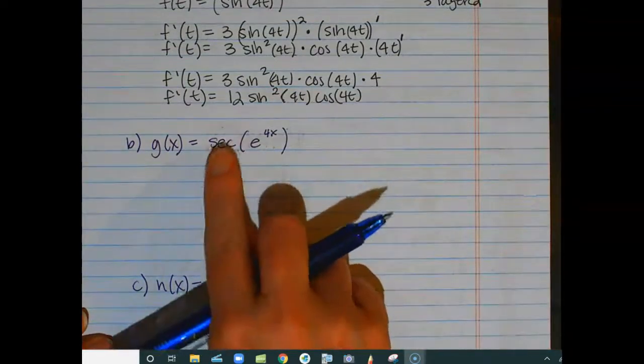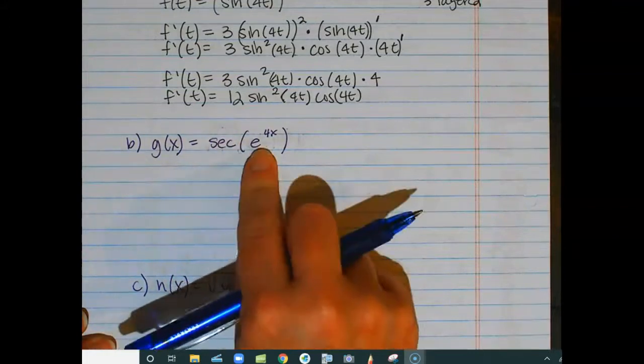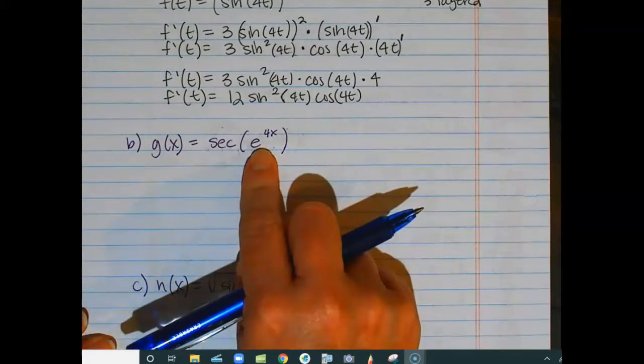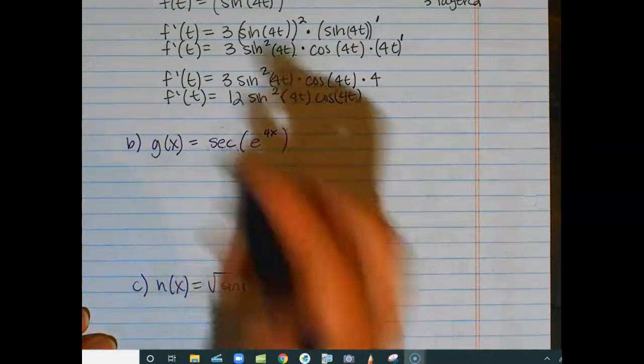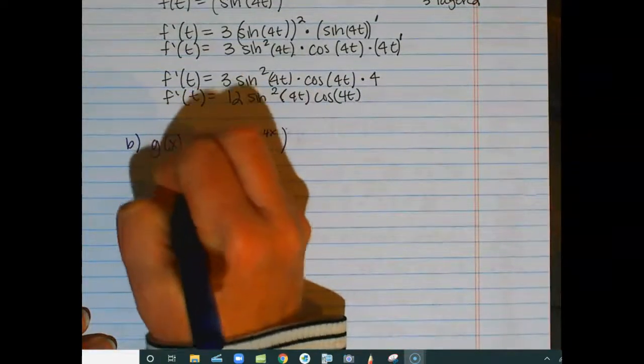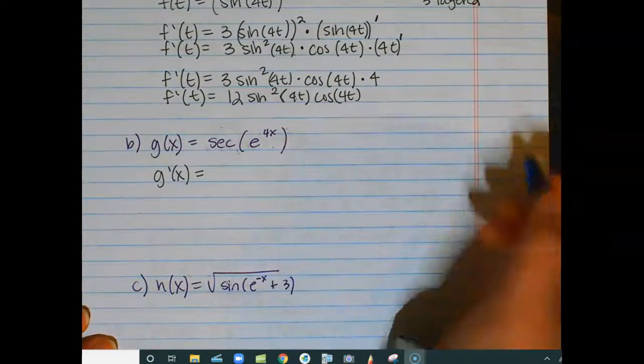The outside function is secant. I'm going to take the derivative of secant and keep the baby. I'm going to take the derivative of e to the 4x and keep the baby. And I'm going to take the derivative of 4x. I'm going to write it out like I did the last one. So g prime of x is derivative of secant is secant tangent.